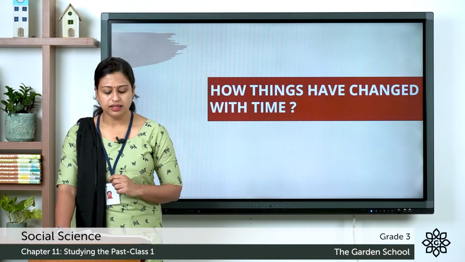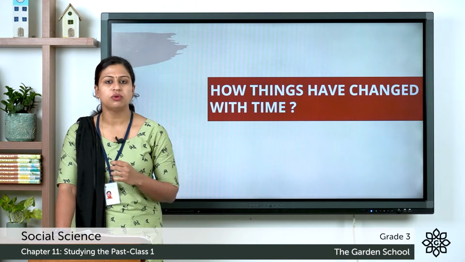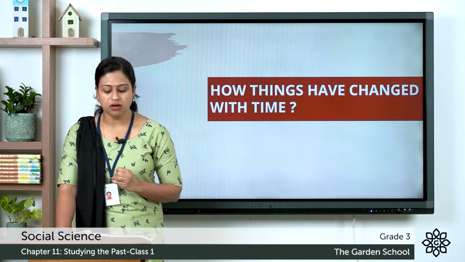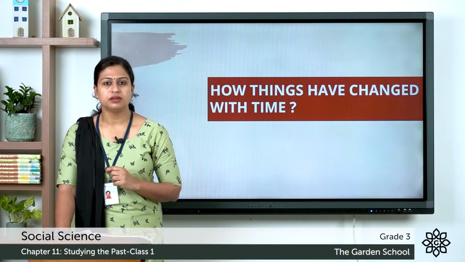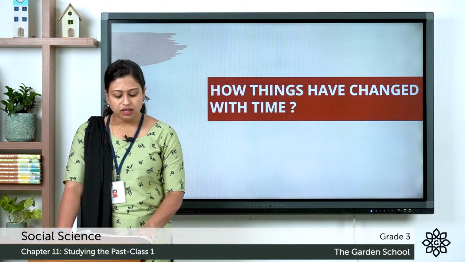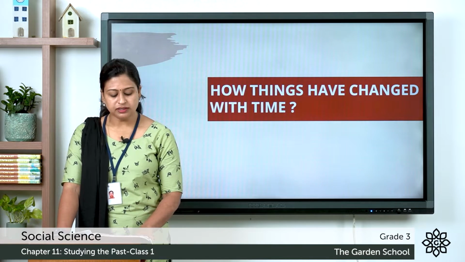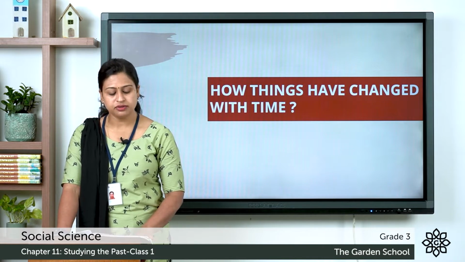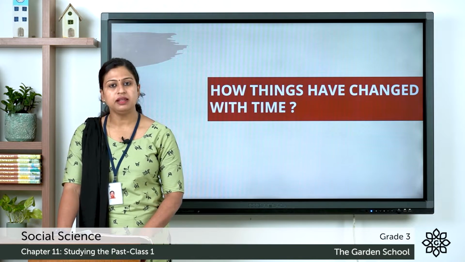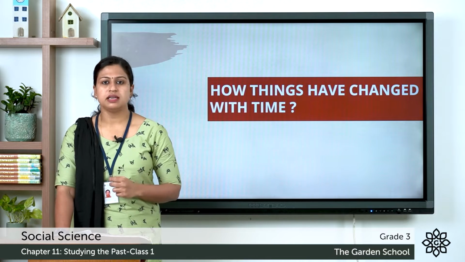Second column, the heading is, when your parents were as old as you are now. And the third column is about you. In the first row, the heading is, means of going to school. Second row, keeping in touch with people in another country. Third one, spending leisure time. Now you have to fill this table.